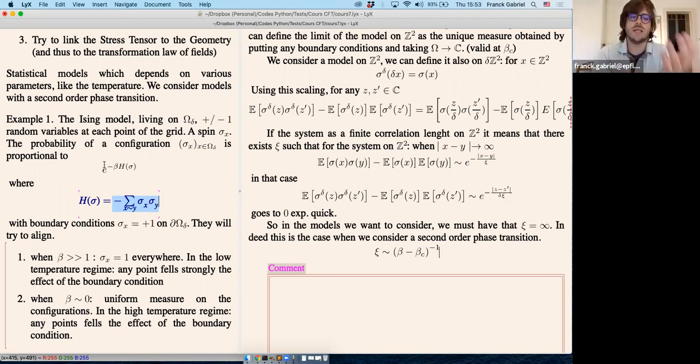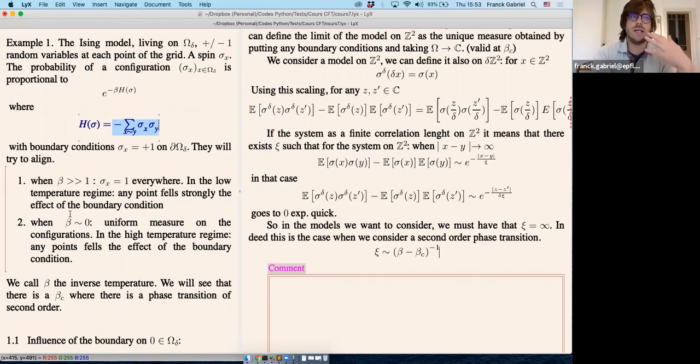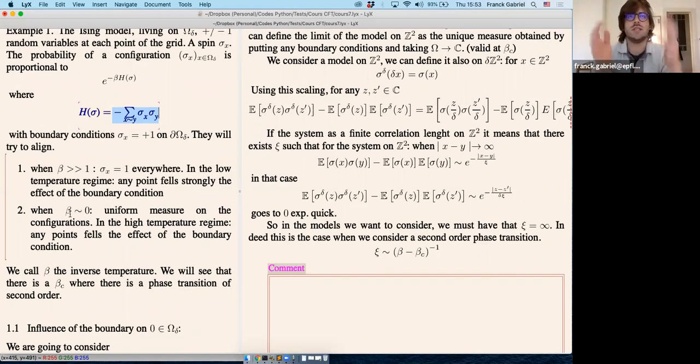And so if beta is large, you will tend to freeze and minimize the energy. If beta is close to zero, you tend not to care about the energy, and then it's the entropy which is important, and so you will tend to see a uniform measure on the configurations.